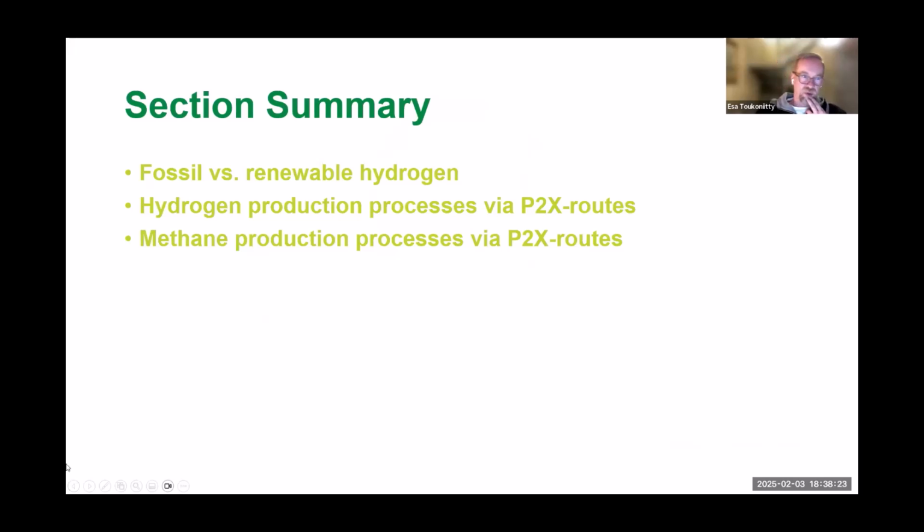And this was in short about the power to gas, section 4 contents, but just two examples of how to convert the power to gas concept. So hydrogen is a type of its own, and then the secondary process of making methane.